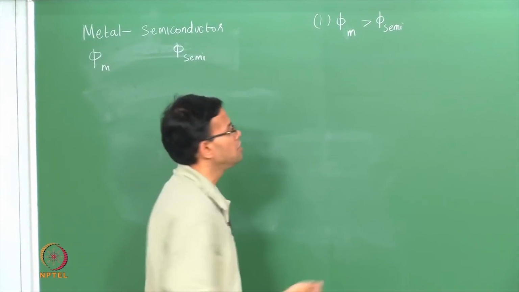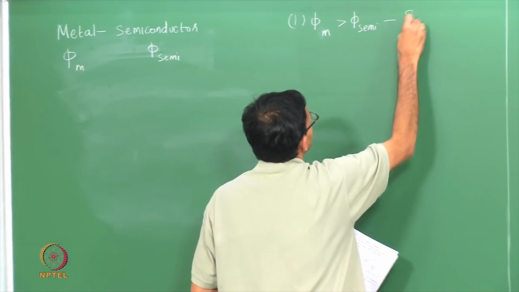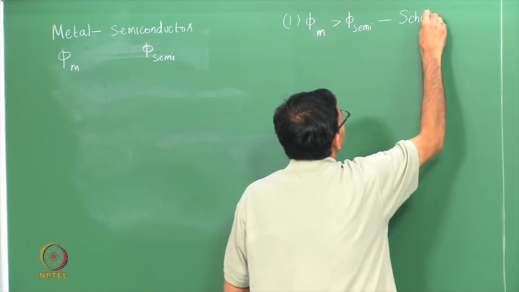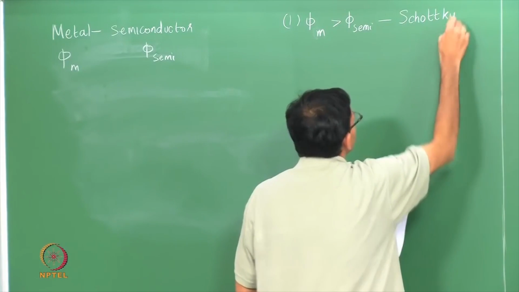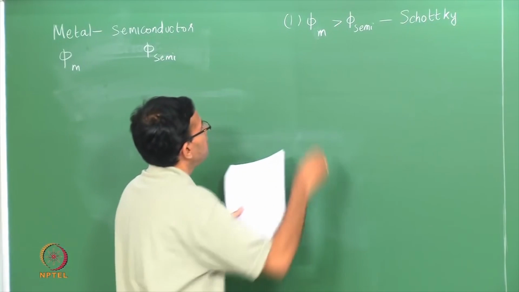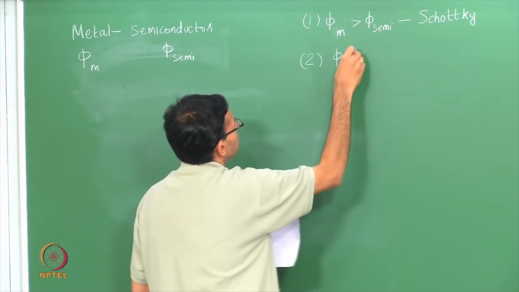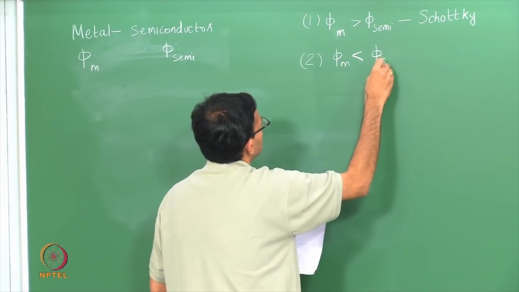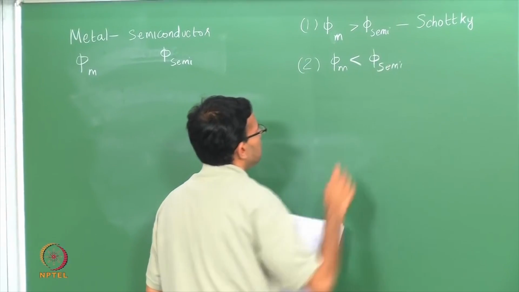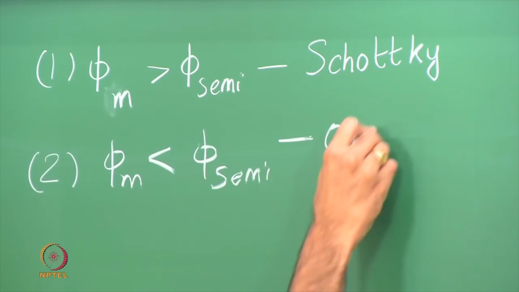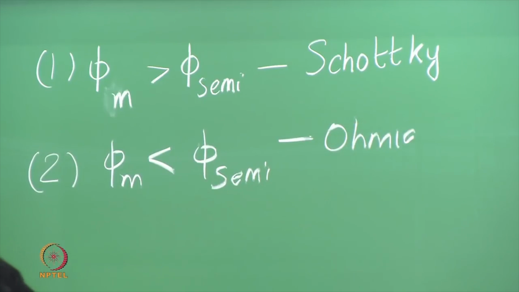This type of junction is called a Schottky junction. On the other hand, you have a situation where phi m is less than the work function of the semiconductor. This is called an ohmic junction. So, we will start by looking at the Schottky junction first.